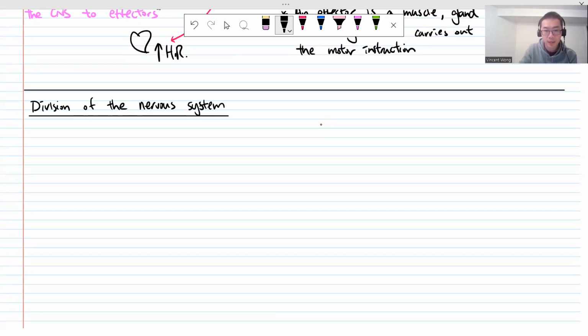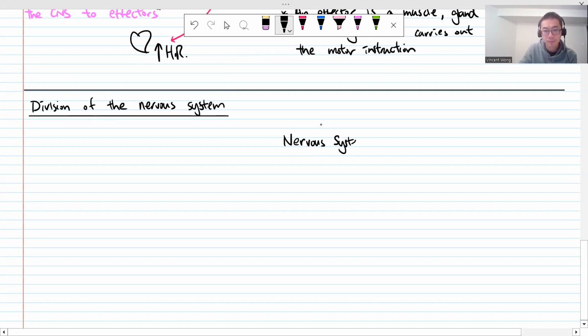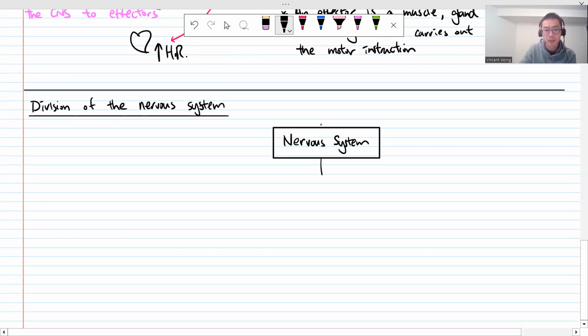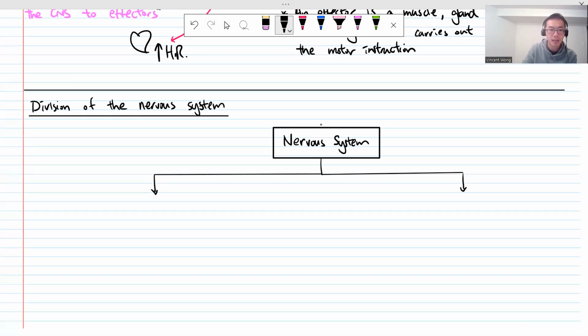So we start with, in the middle here, the nervous system. And we already know the nervous system is broken down into the central and the peripheral.